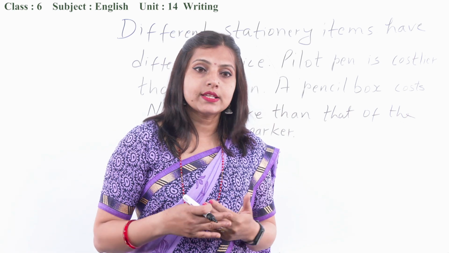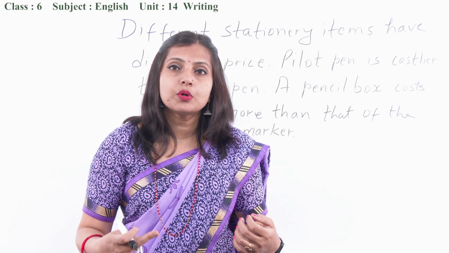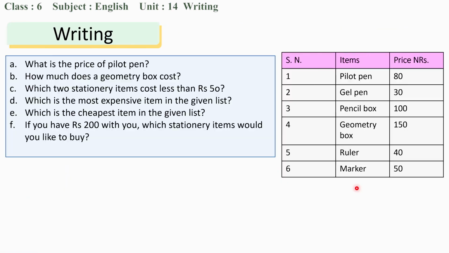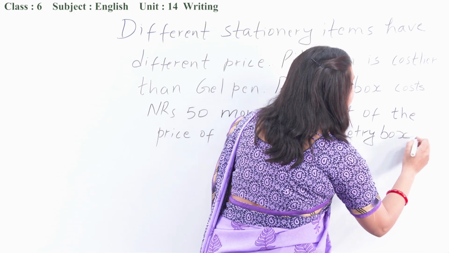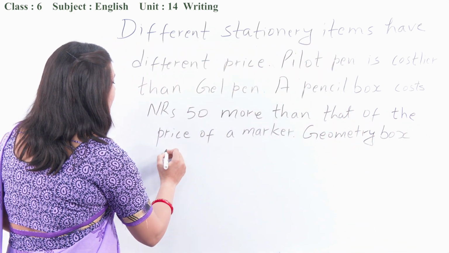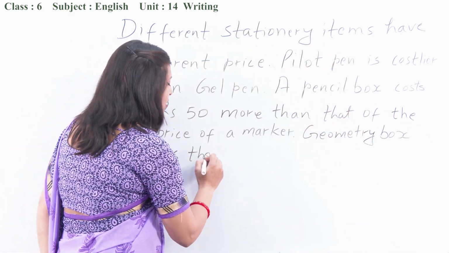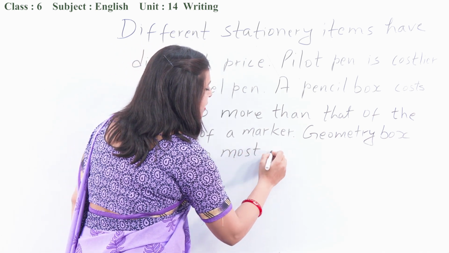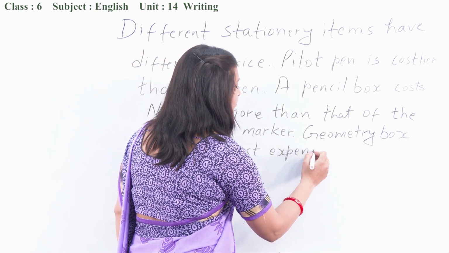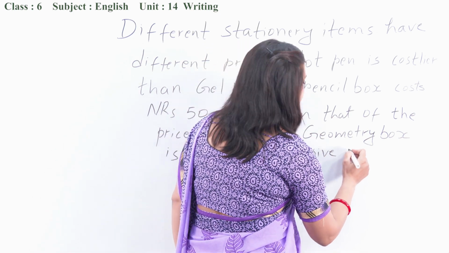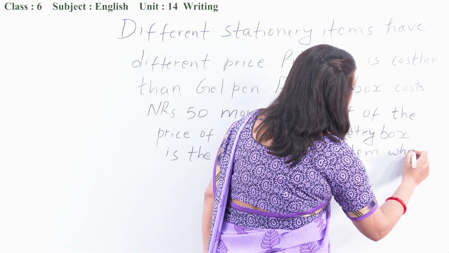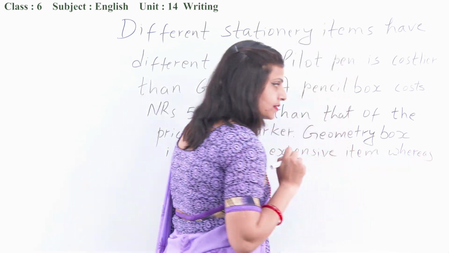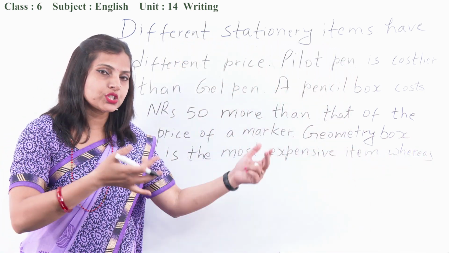Alright, now let's see which is the most expensive one. Which is the most expensive? Good, yes. Geometry box is the most expensive item, whereas, which is the cheapest one opposite to that?